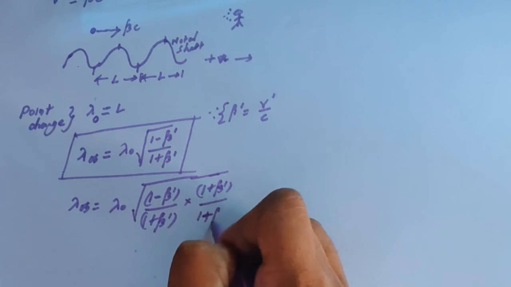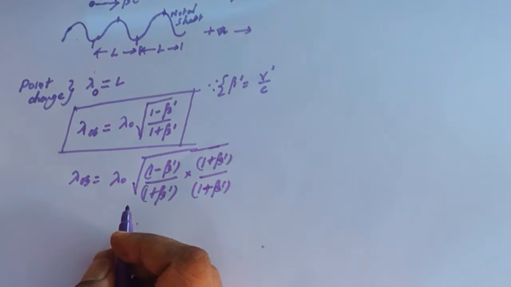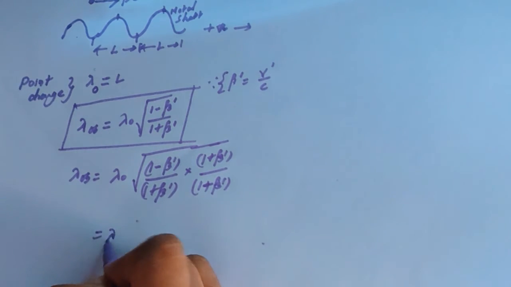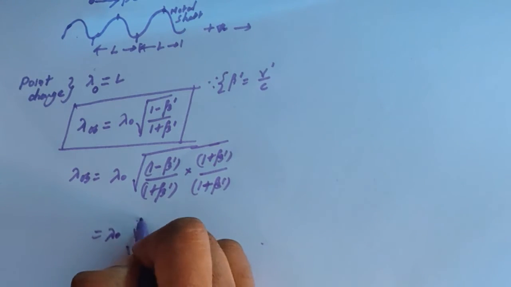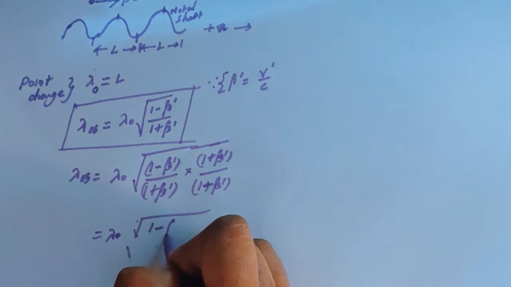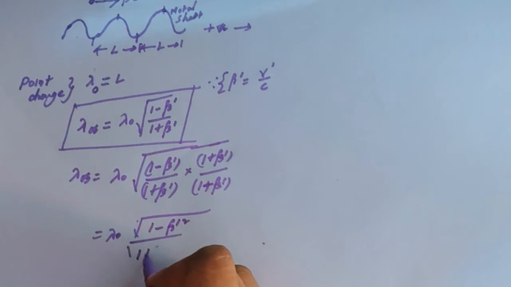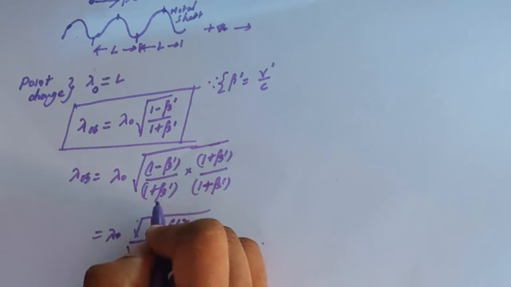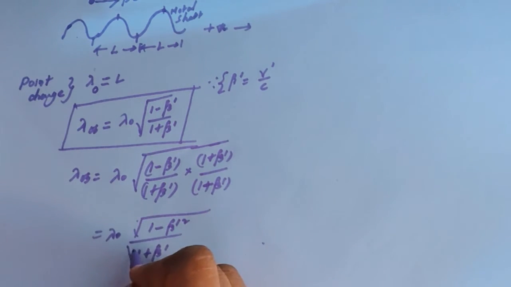Now after the multiplication, the numerator turns out to be a plus b into a minus b, which is a square minus b square, so 1 minus beta prime square, divided by 1 plus beta prime square. If we cancel the square root, it will give 1 plus beta.